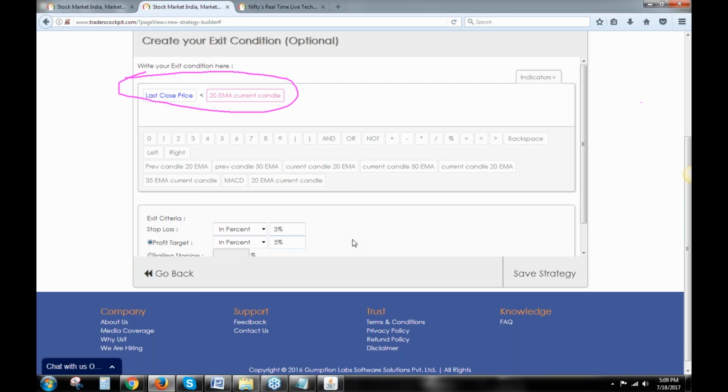So that can also be done: either with the entry condition you put a well-defined exit condition, or if you don't want to put an exit condition, you can substitute it with a fixed stop loss value and a fixed target value. And after that you can go on to save the strategy.